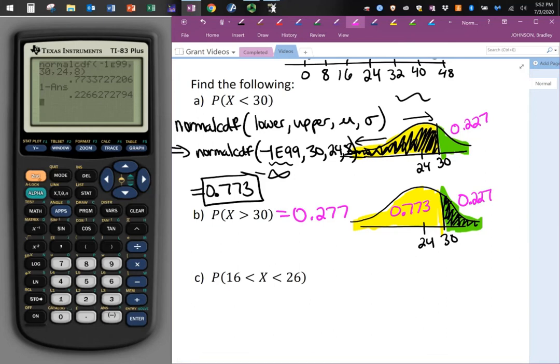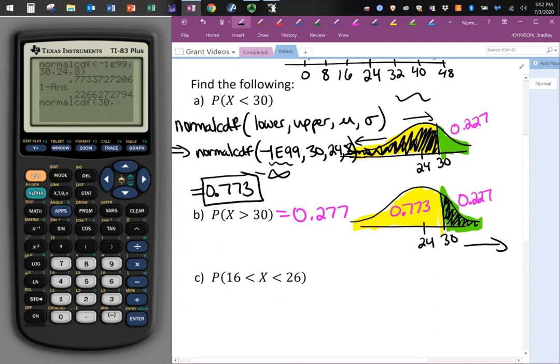Now, the other way you could do this is hitting second vars, going to normal CDF, and then now the lower bound is actually 30. So 30 is the lower bound. Then I'll hit comma, and now I want to go all the way to the right as far as I possibly can imagine.